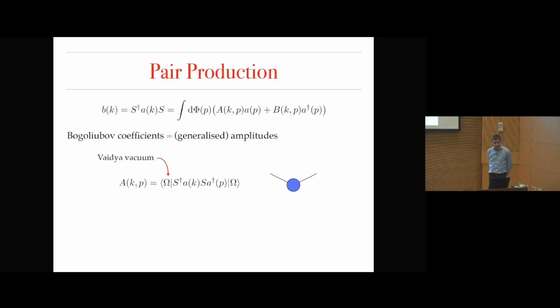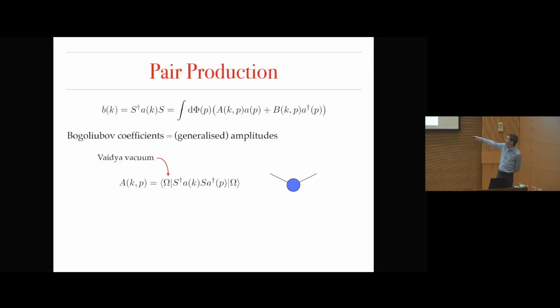Now, the interesting thing about these is that the Bogoliubov coefficients are generalized amplitudes. What I mean is, it's straightforward to see that if I take this expression for S dagger A S and shove it into this formula here, there's an A dagger which is creating a particle on the omega. The omega is just the vacuum of the scalar field in this Vaidya background.